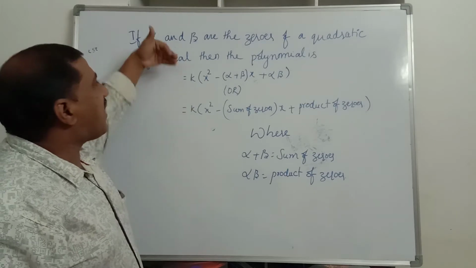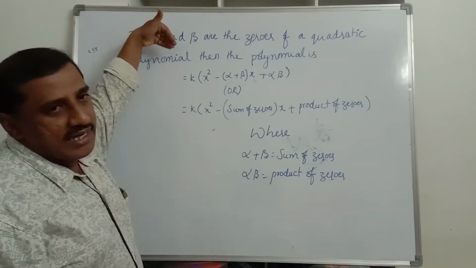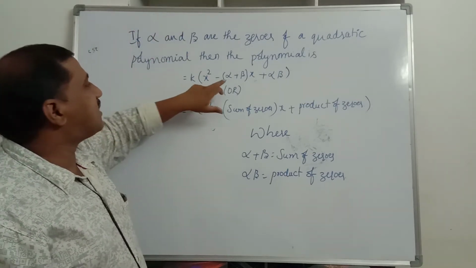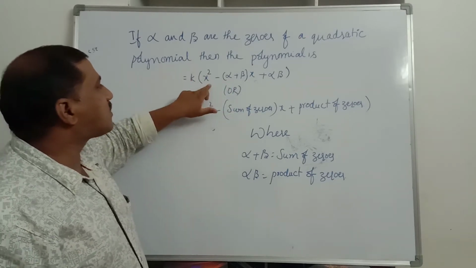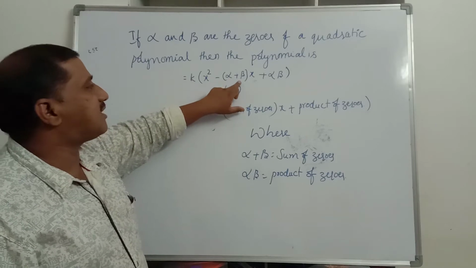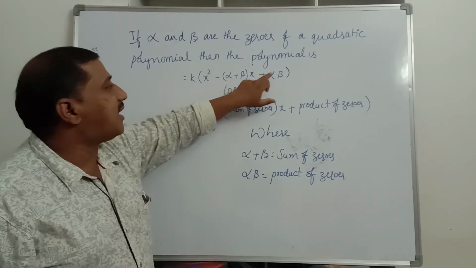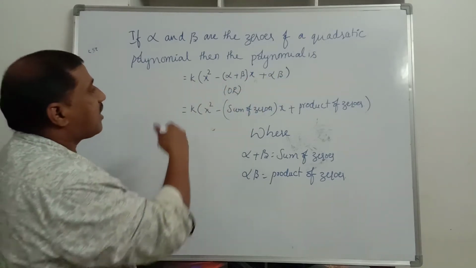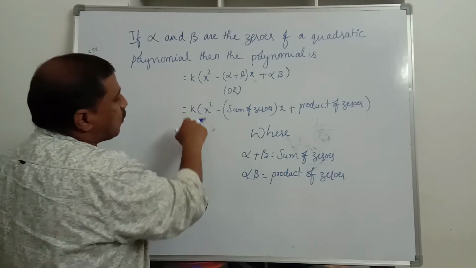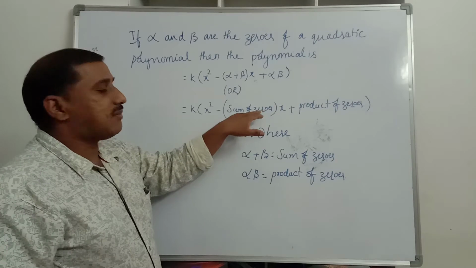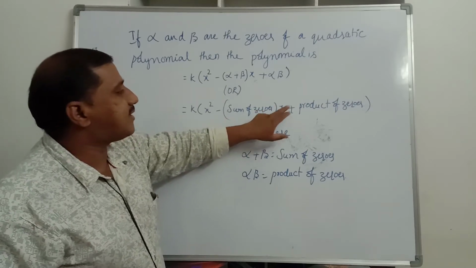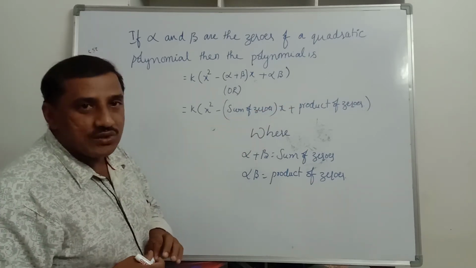That is, we can find the quadratic polynomial when we know the two zeros by using the formula k into x square minus (alpha plus beta) into x plus alpha into beta. In words, it is k into x square minus the sum of zeros into x plus the product of the zeros.